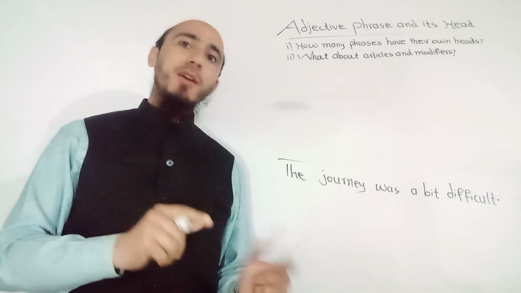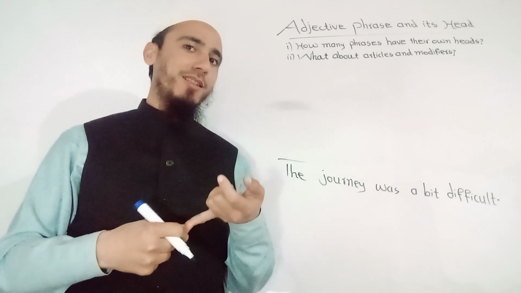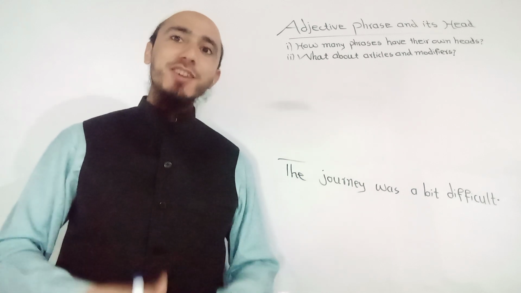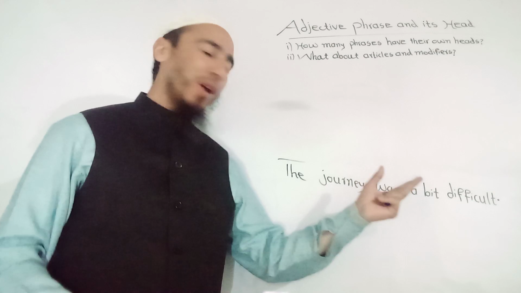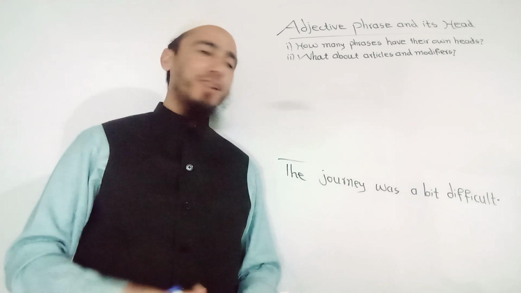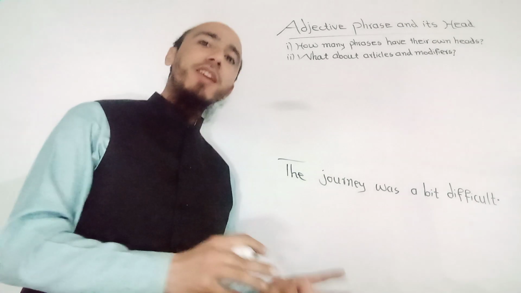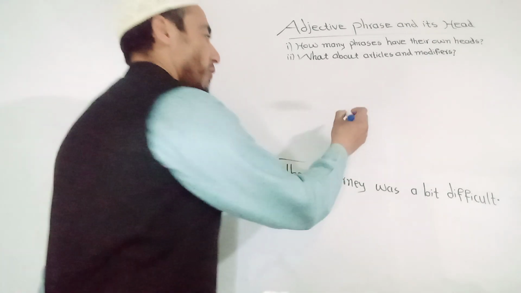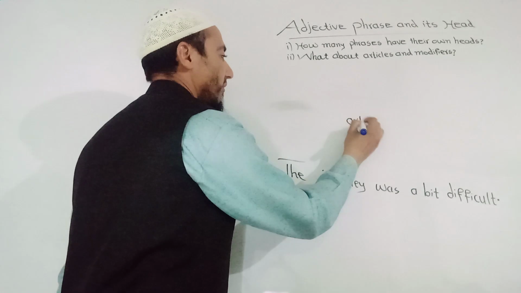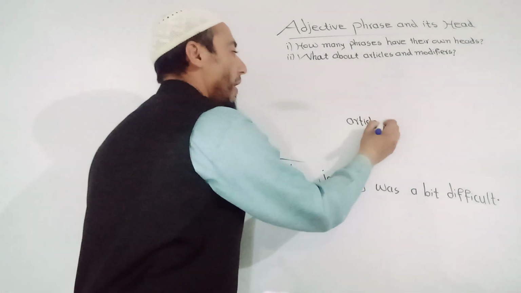As we said before, in a noun phrase, there will be article and adjective. Now, what would be at the beginning of an adjective phrase? Answer to this question is, at the beginning of adjective phrase, there will be either article or modifier.